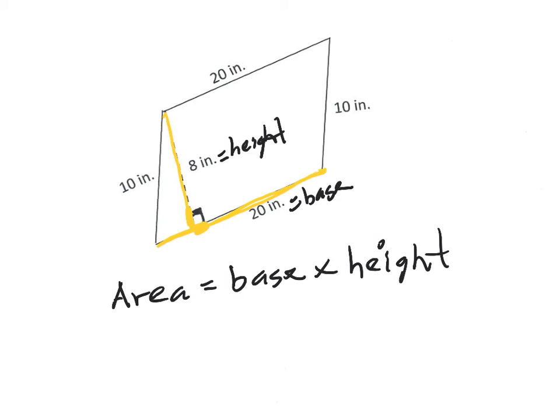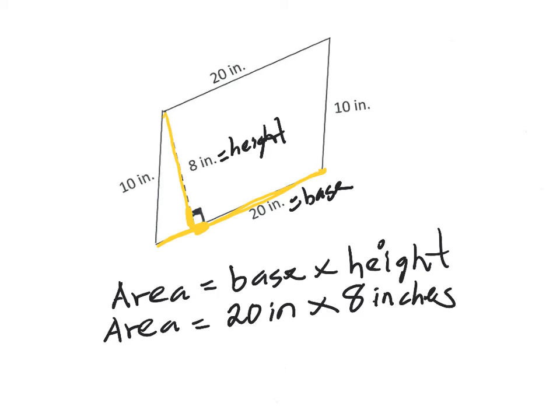All right. Now we can write area equals base. Let's get rid of that word and write the number for that, 20 inches, and times the height, which we said was 8 inches. And that gives us area equals 20 times 8. 2 times 8 is 16, but it's not 2 times 8, it's 20 times 8, so let's put the 0 at the end.